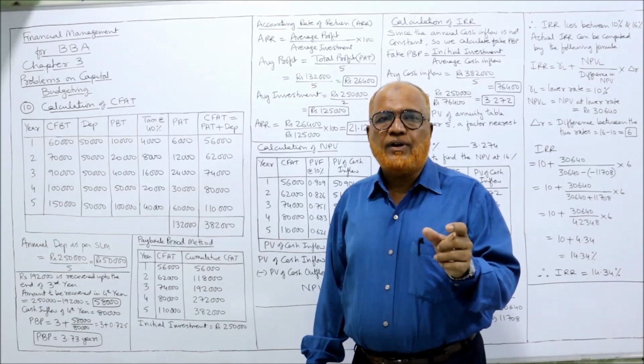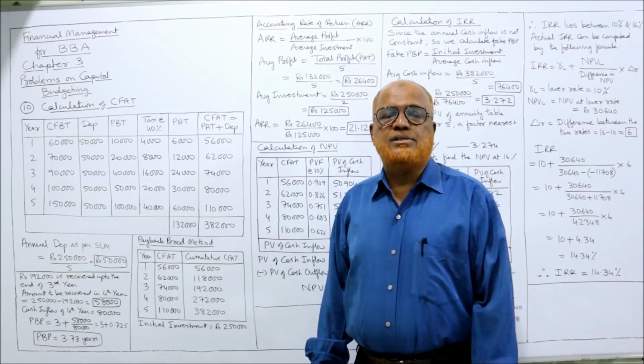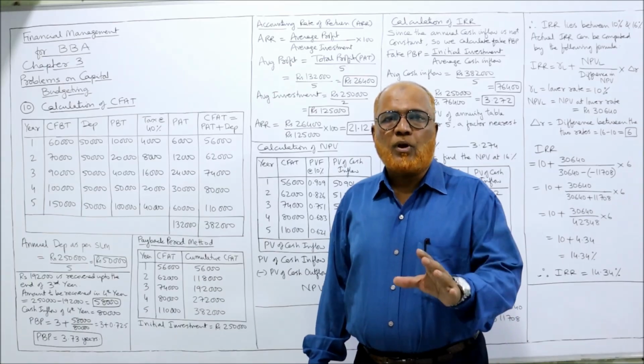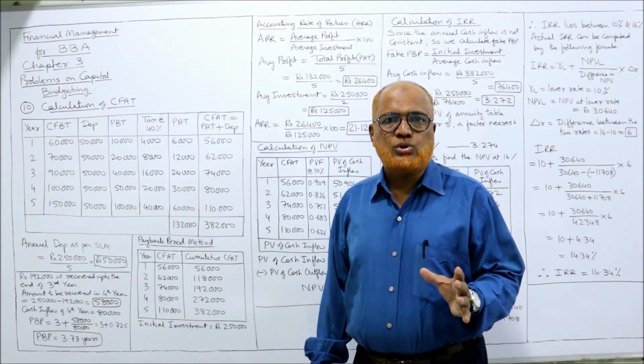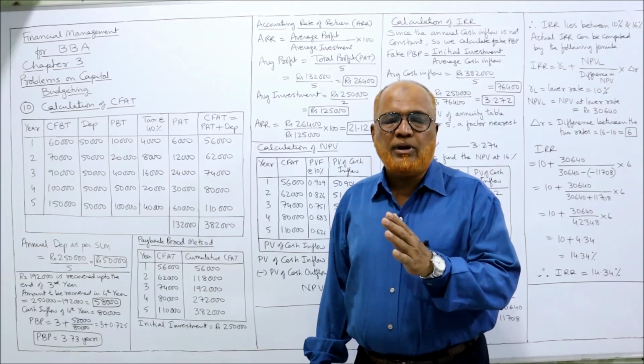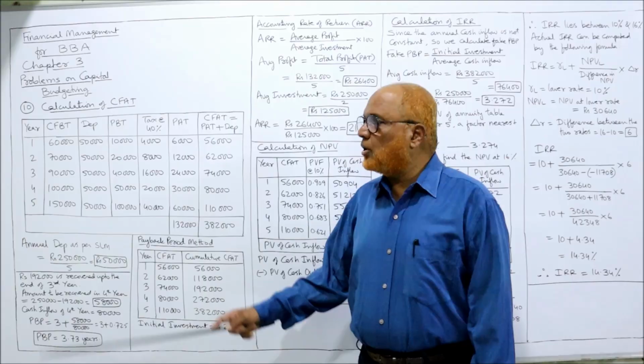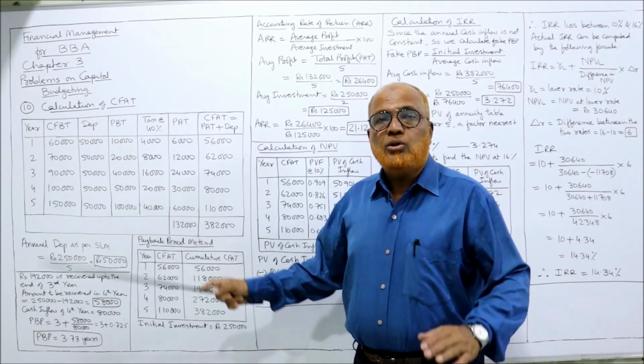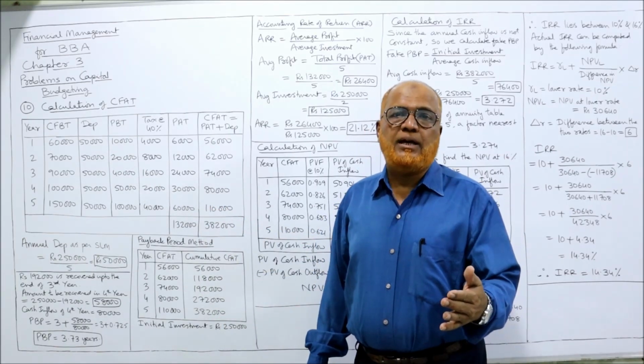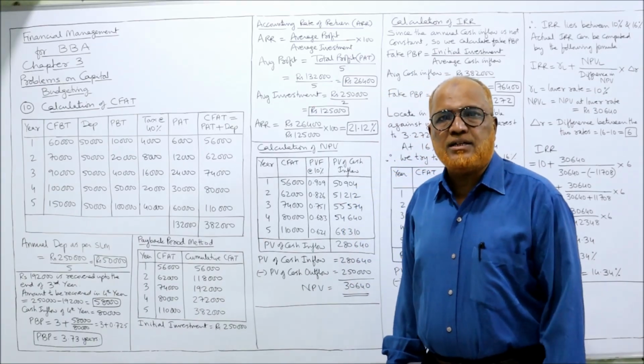For calculating CFAT, we have to add back depreciation. Remember, the profit is not the cash inflows. So we have to remove the effect of non-cash transactions. The non-cash transaction is depreciation. So add back depreciation to PAT, we will get CFAT.